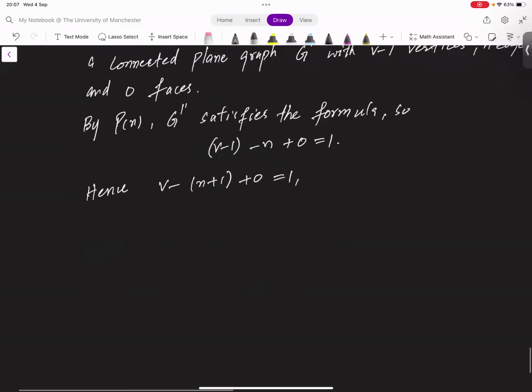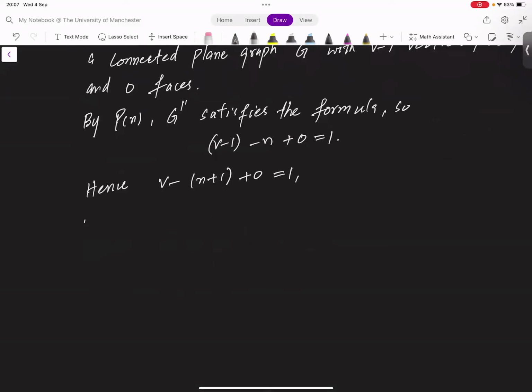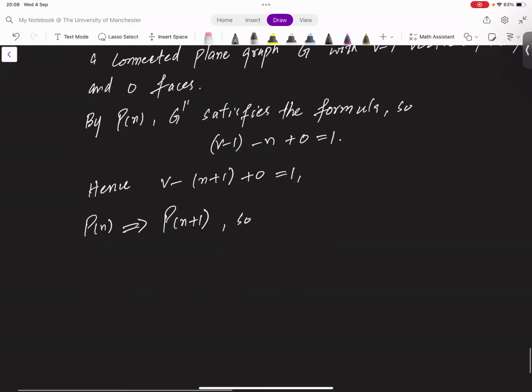So we have established that P of n implies P of n plus 1. So P of n is true for all n by induction.